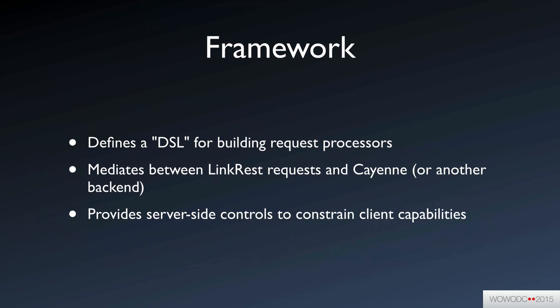So we're using this style of fluent API, and the framework mediates between LinkRest requests and some kind of backend. By default, this backend is Cayenne. And we're actually working to make it easy to plug in other backends. It's already possible. It's just sort of not standardized. But we are improving that API greatly because we do have other backends, and I'm sure you will.